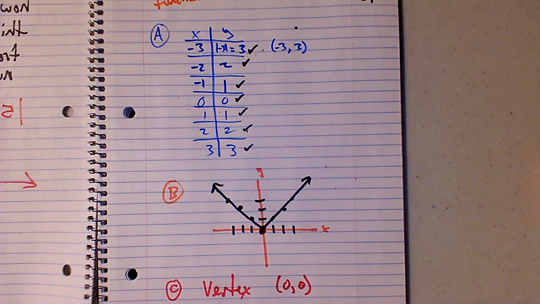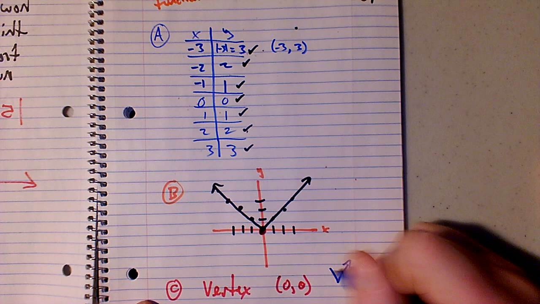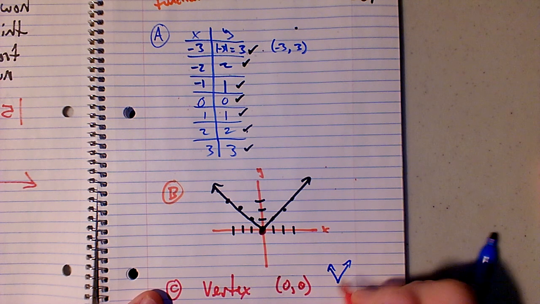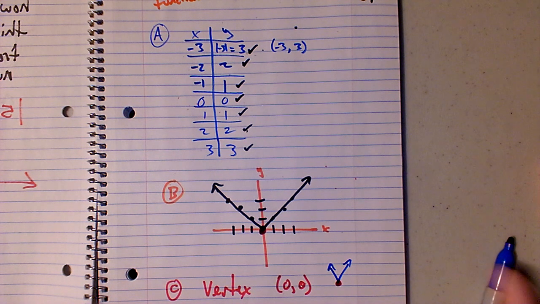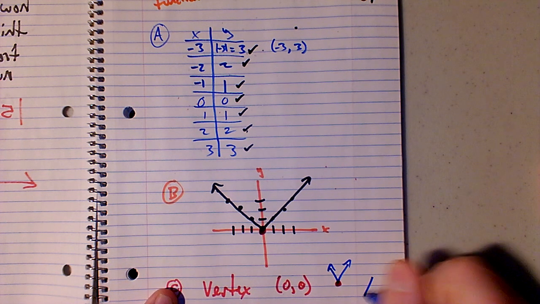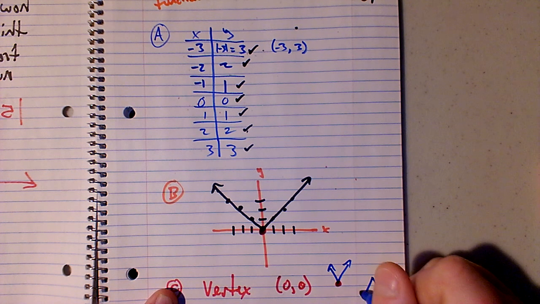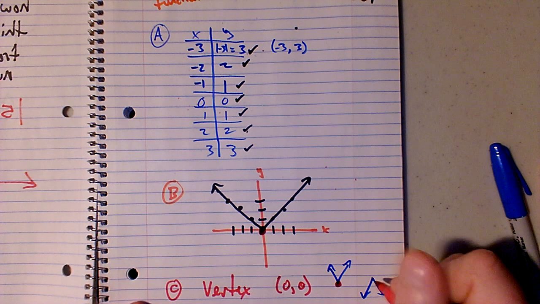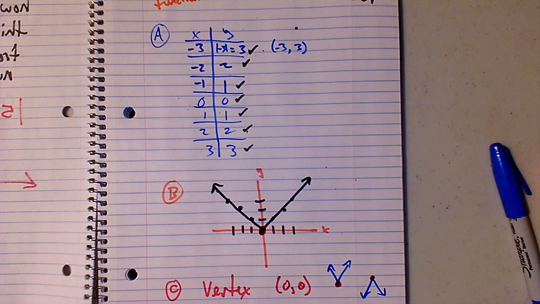So the vertex, once again, is the highest or lowest point. If my V opens upward, my vertex is right there. And if my V-shaped graph opens downward, which it can, we'll talk about that in a little bit, my vertex would be right there.